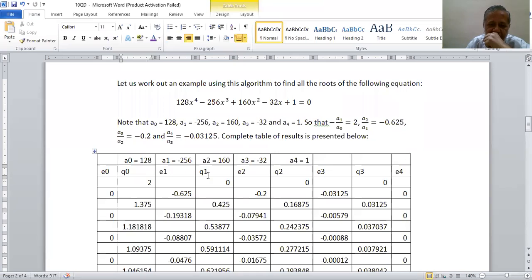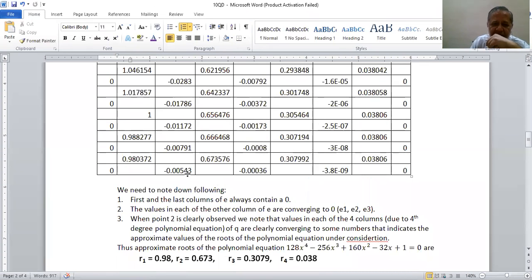Note that the third column is of E, the fourth column is also of E, sorry, the fifth column or seventh column is of E. In these columns, if and when we observe that the values of E's are going to become smaller and smaller, then we have to draw some conclusions.